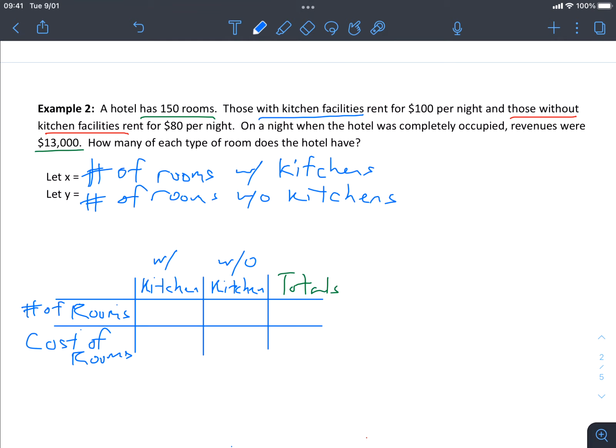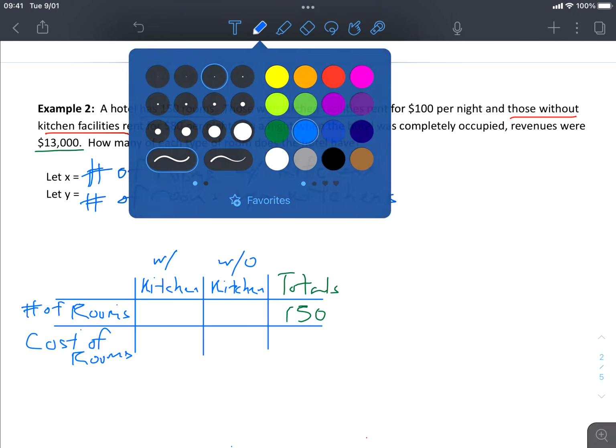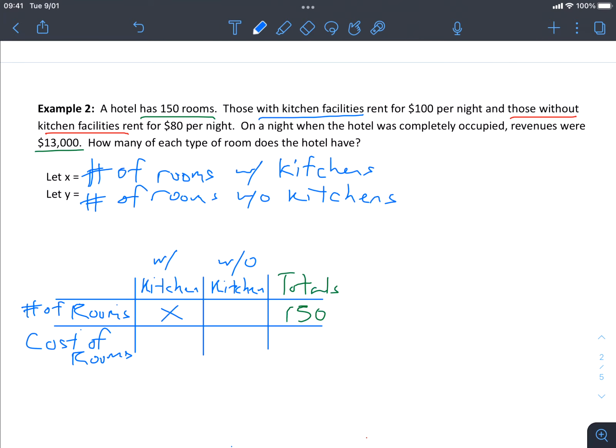We know that the hotel has 150 rooms total, and that 150 means some with kitchens and some without kitchens. Now we don't know how many, but we know that the number of rooms with kitchens is X, and the number of rooms without kitchens is Y. We don't know how many, so we leave it as X and Y.